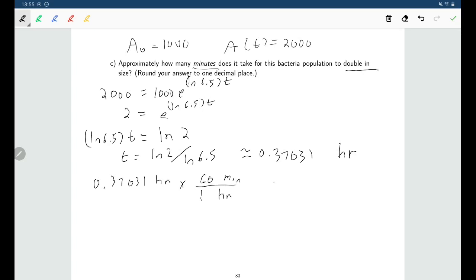And so that means that what we would have would be something in terms of minutes now. 0.37031 times 60 over 1 gives me about 22.218 minutes. So it takes 22.2 minutes for the population to double.